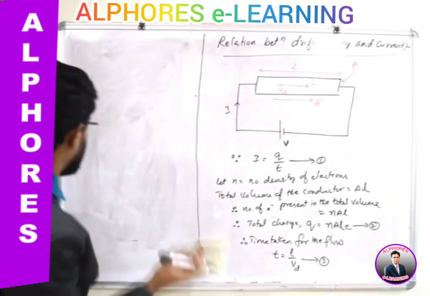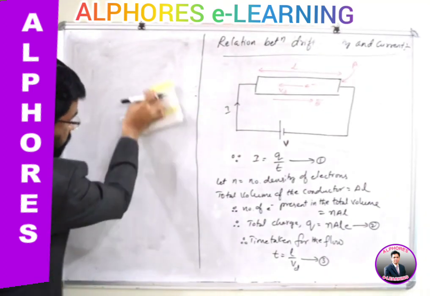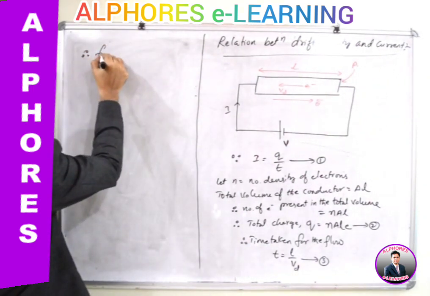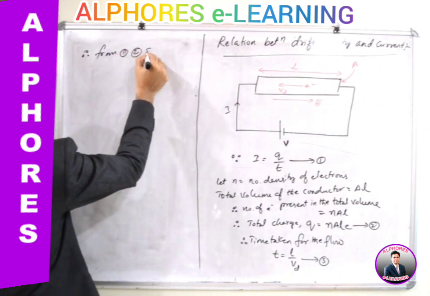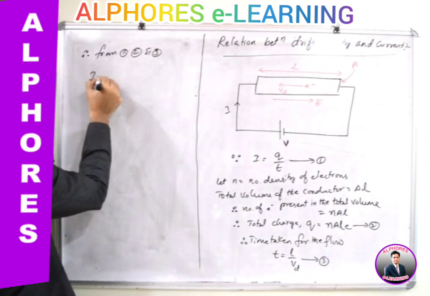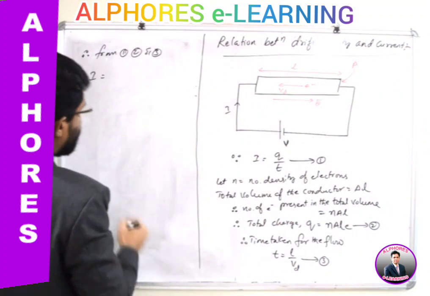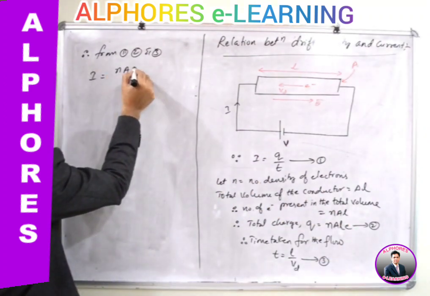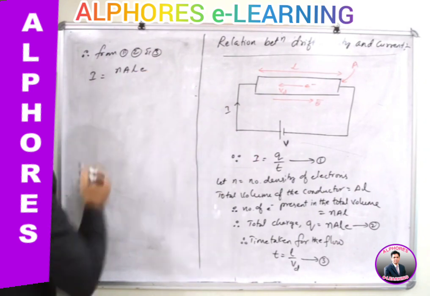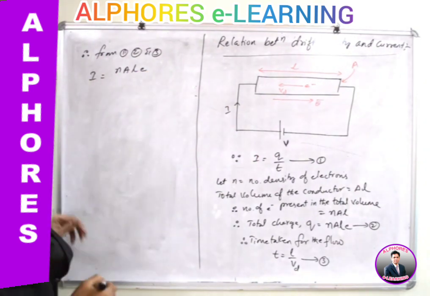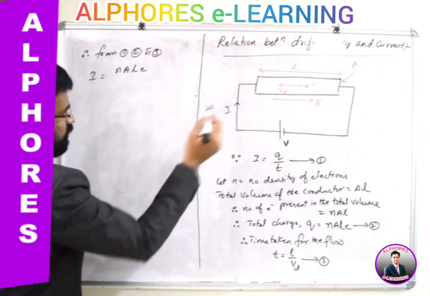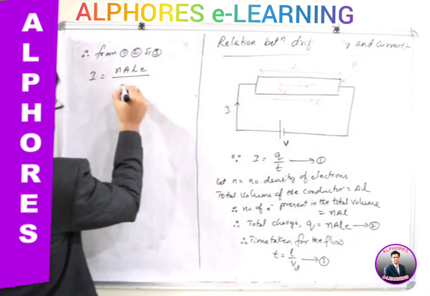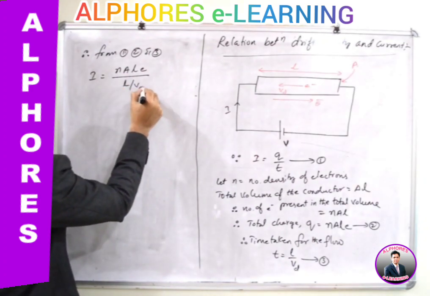Therefore, from 1, 2 and 3, what you can write? I is equal to, Q can be replaced with nALe. n is the number density of electrons, A is the cross sectional area, L is the length of the conductor, e is the charge of the electron, divided by time. Time is what? L by Vd.